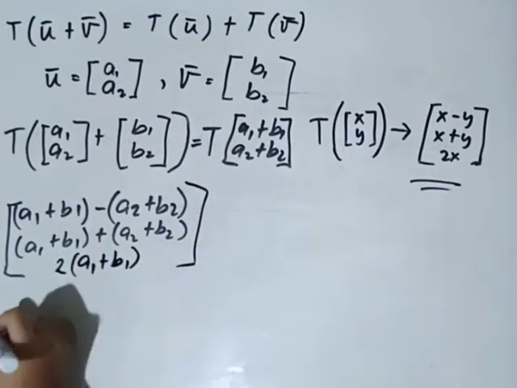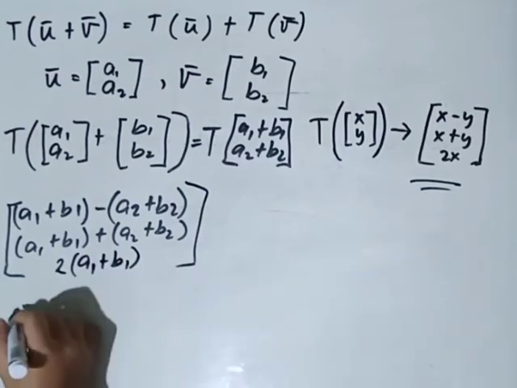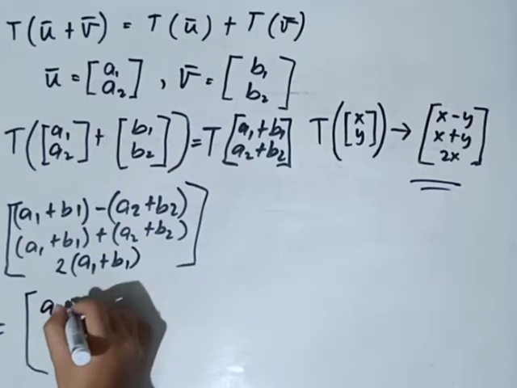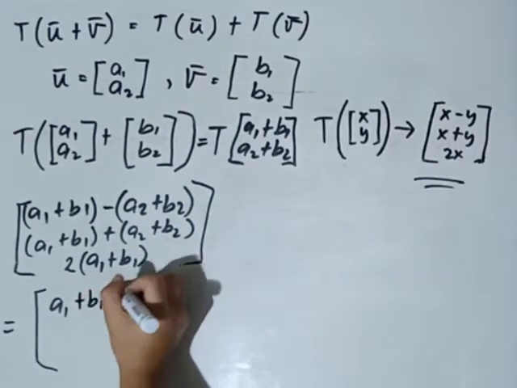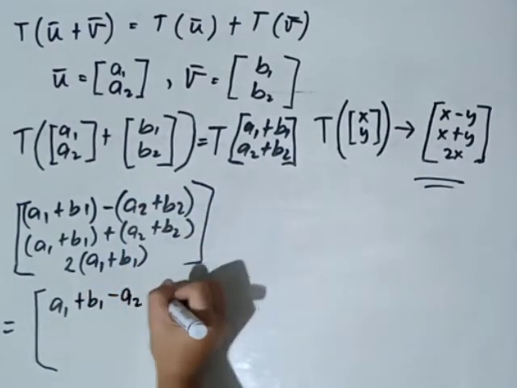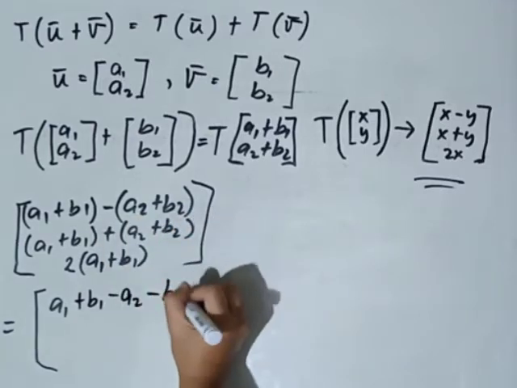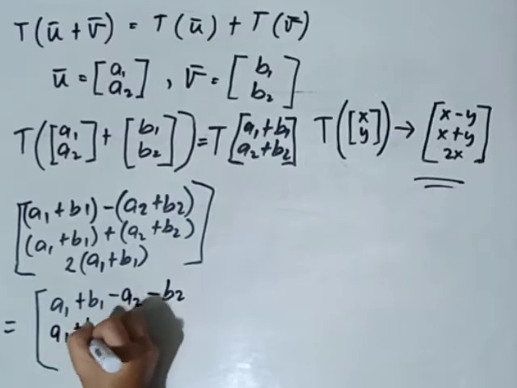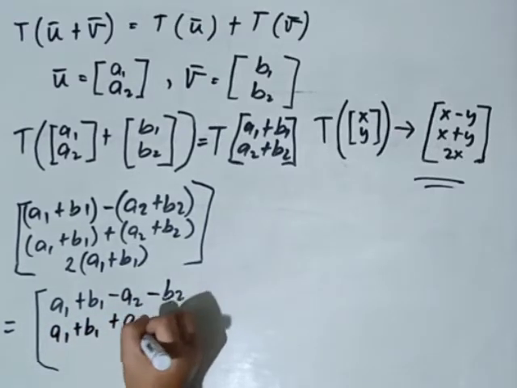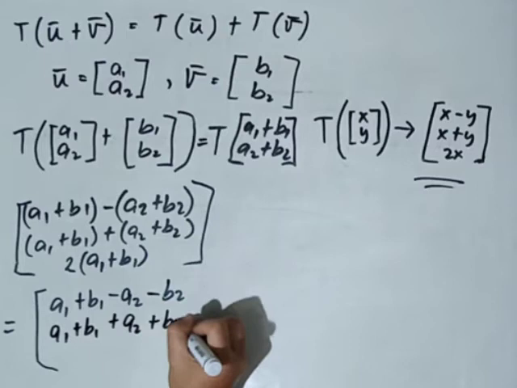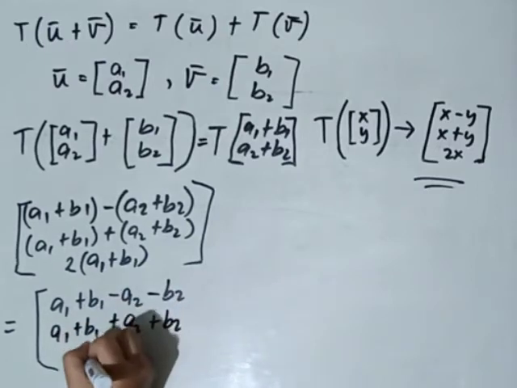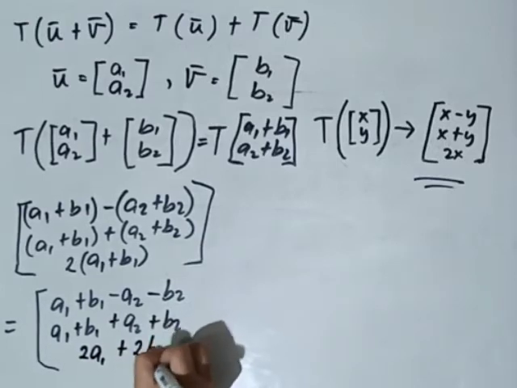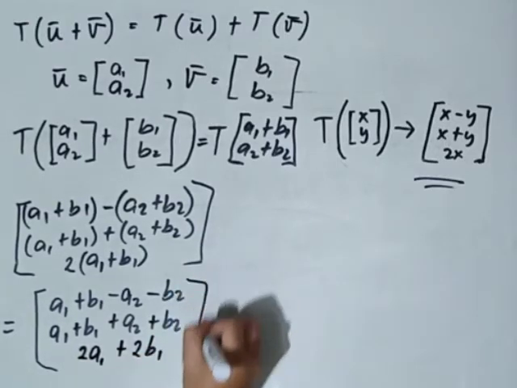And we know that this is also the same as a sub 1 plus b sub 1 minus a sub 2 minus b sub 2, and a sub 1 plus b sub 1 plus a sub 2 plus b sub 2, and 2 a sub 1 plus 2 b sub 1.